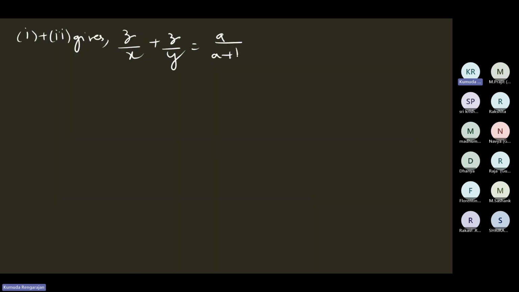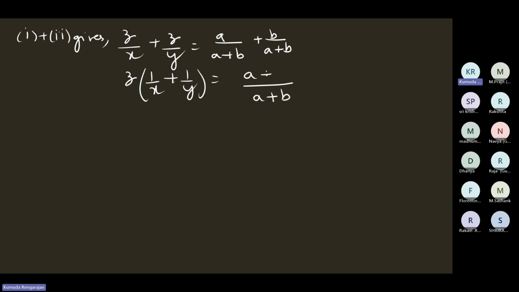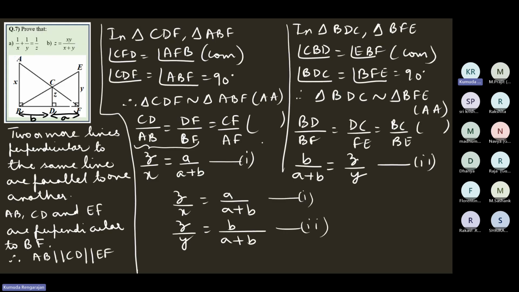Z is common, so we can take it out: z into 1 by x plus 1 by y is equal to a plus b over the common denominator a plus b, which is equal to 1, because a plus b gets cancelled. Now taking z to the other side, 1 by x plus 1 by y is equal to 1 by z.